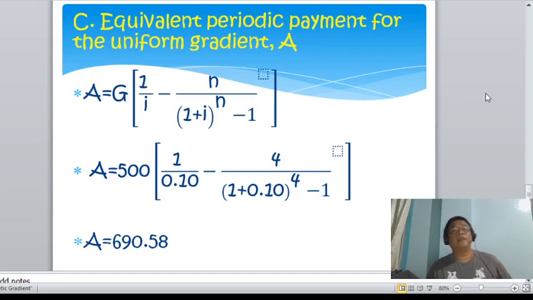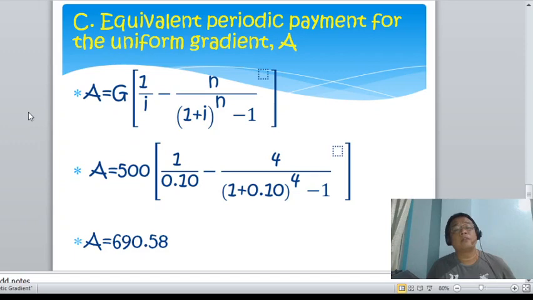So, the periodic payment now, or the equivalent periodic payment for the uniform gradient. Okay? So, we are referring to the equivalent uniform payment. From the formula, A is equal to G multiplied by (1 over I minus N over (1 plus I raised to N minus 1)).